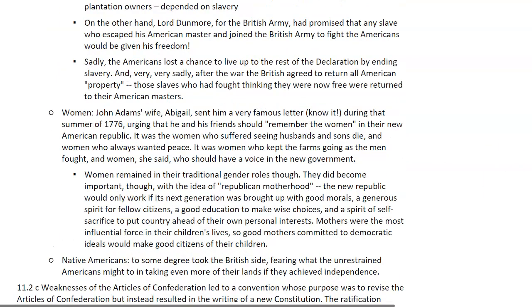Well, sadly, the Americans lost that chance to live up to the rest of the Declaration by ending slavery. We could have ended slavery in 1776. We chose not to. And very, very sadly, after the war, the British agreed to return all American property. Those slaves who had fought for the British Army, they don't get their freedom. They get sent back to their slave masters.